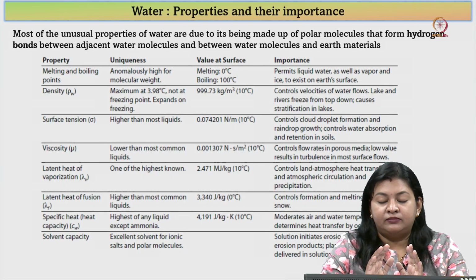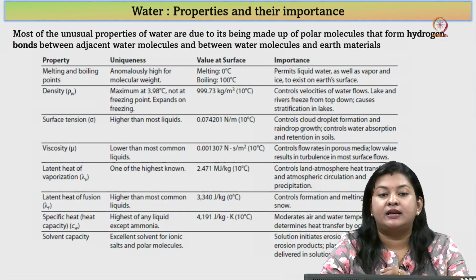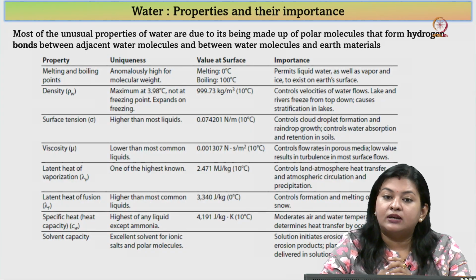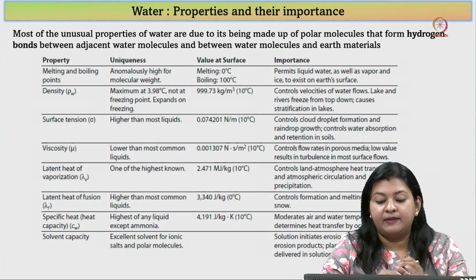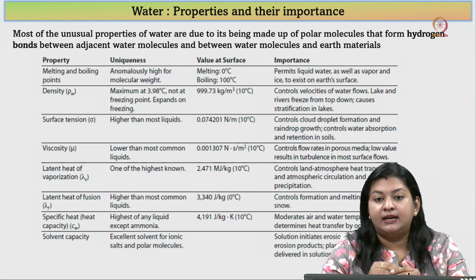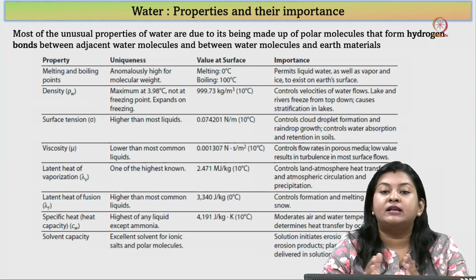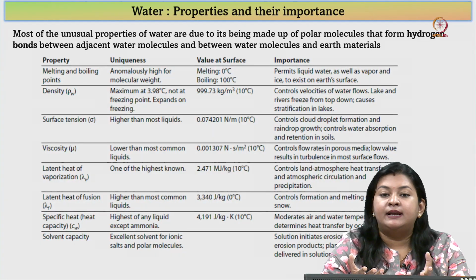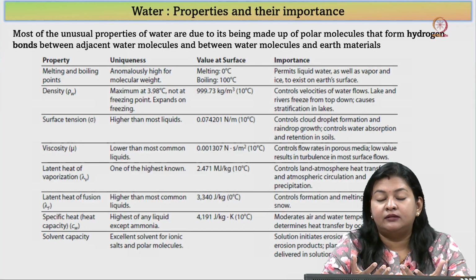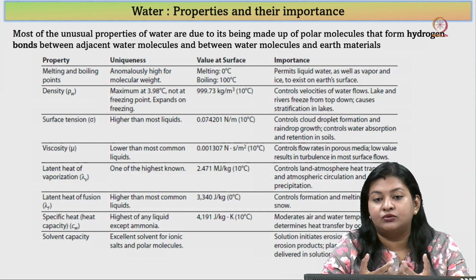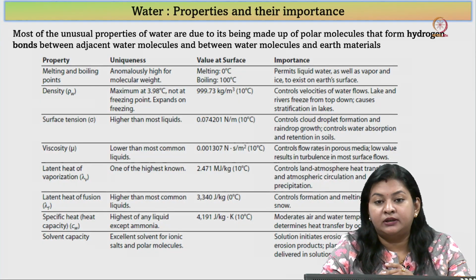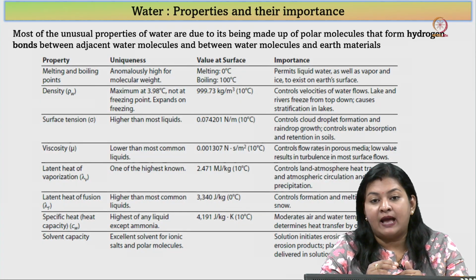When such phase transitions happen, the energy that is taken up or released is called latent heat. It controls the land to atmosphere heat transfer, because when there is water in the lakes and the climate is so hot, how much water will get evaporated to its vapor stage?